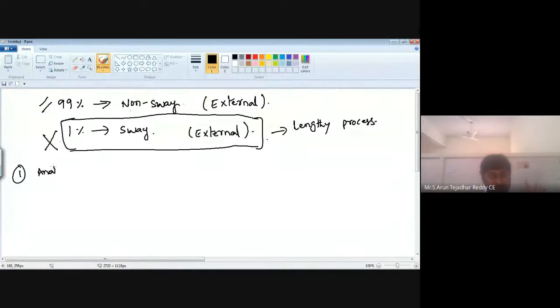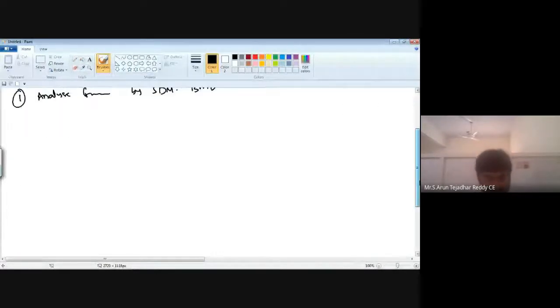Here, analyze the frame shown in the below figure using the slope deflection method and draw the bending moment diagram. Okay, this is the given question. Next, what is the given diagram here?